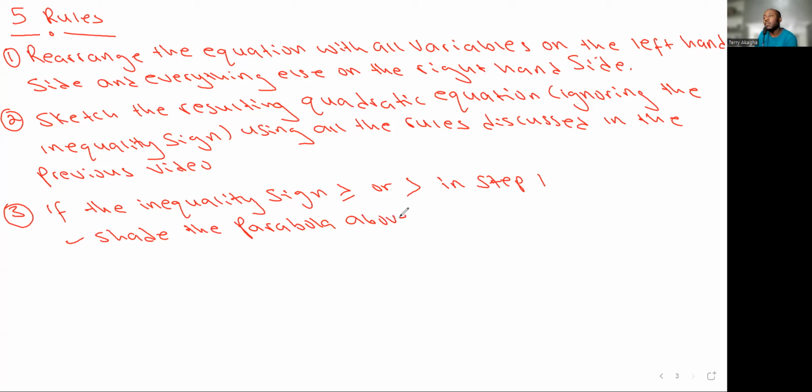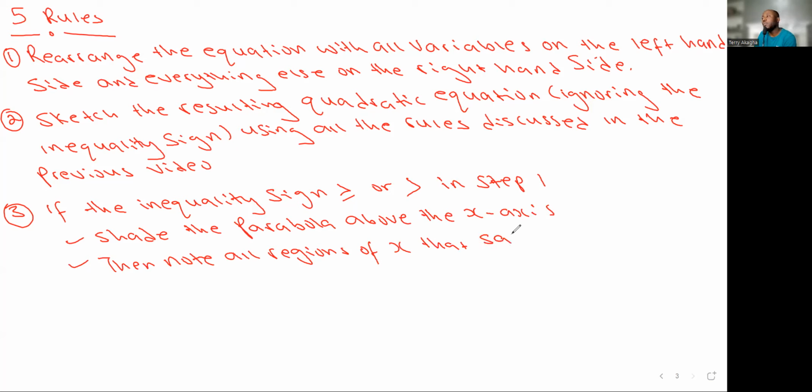Any part of the graph above the x-axis, you shade it. And when you shade it, you then have to note all regions of x that satisfy that region of parabola.